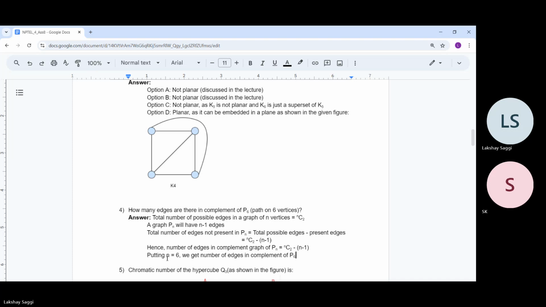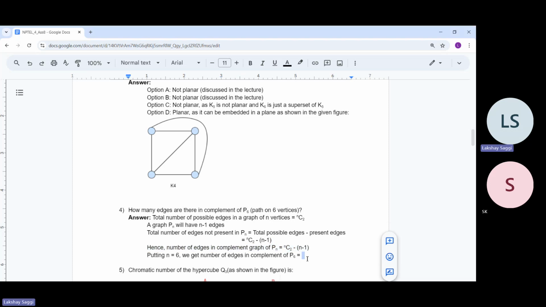SK, would you like to answer what will be the answer if we put n equals 6 here? In this formula, if we just put n equals 6, it will be 6 choose 2 minus (6 minus 1). 6 minus 1 is 5, so we just have 6 choose 2 minus 5.